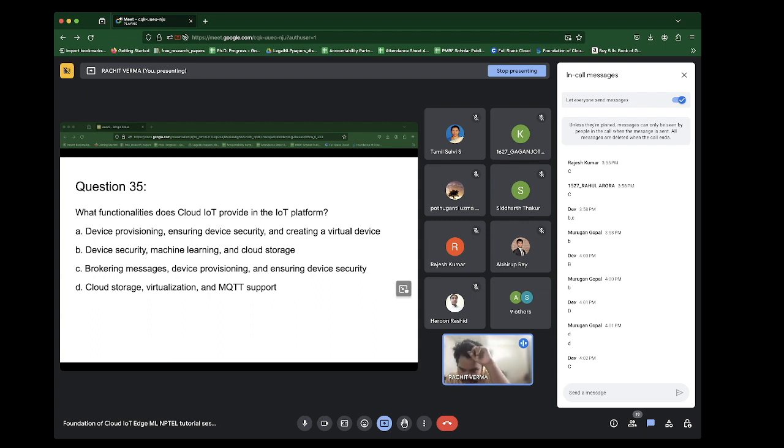For the other option, device security, machine learning, and cloud storage, it does not necessarily do the other two, and even then those two are sub-components of some major component.